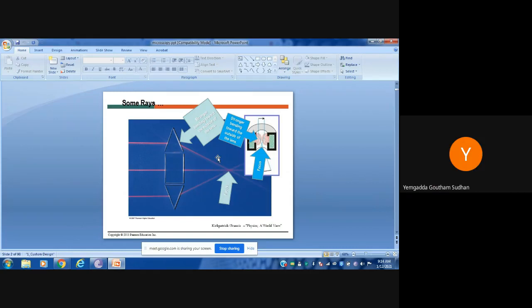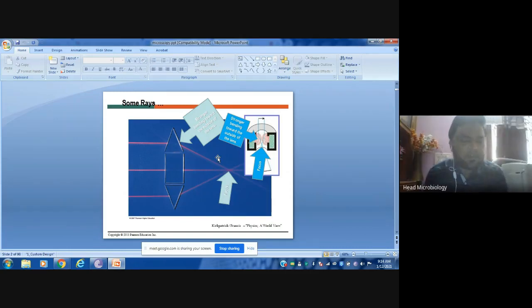Change in the ray's path when it moves from one medium to another. Whenever light rays pass from one medium to another, that is, from one refractive index to another refractive index. Earlier the medium was glass here, isn't it?